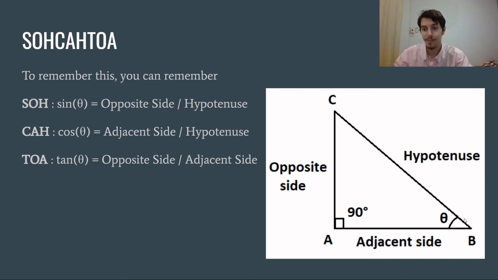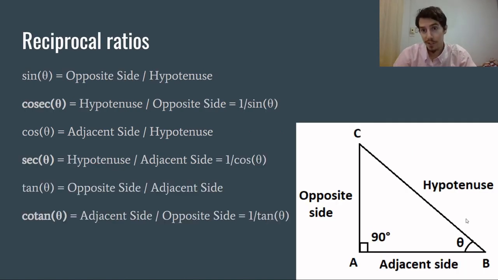Okay, guys, one last thing before this lesson is over, and I'm really sorry about it. I don't want to teach it because honestly, I don't like it and I think it's very useless. The three main ratios are sine, cosine, and tangent. But there are 3 more: cosec, sec, and cotan.